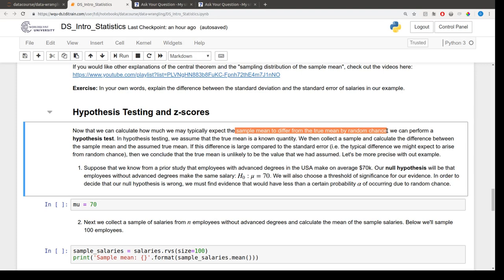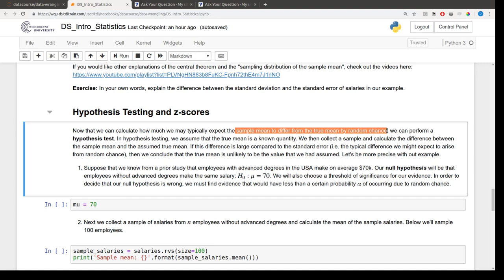So we're going to introduce a formal hypothesis testing framework. But I don't want to get too bogged down in the formal details and lose sight of the intuition, which is, if I tell you that the average employee in the United States without an advanced degree makes $70,000 a year, you might say, all right, let's assume that's true.